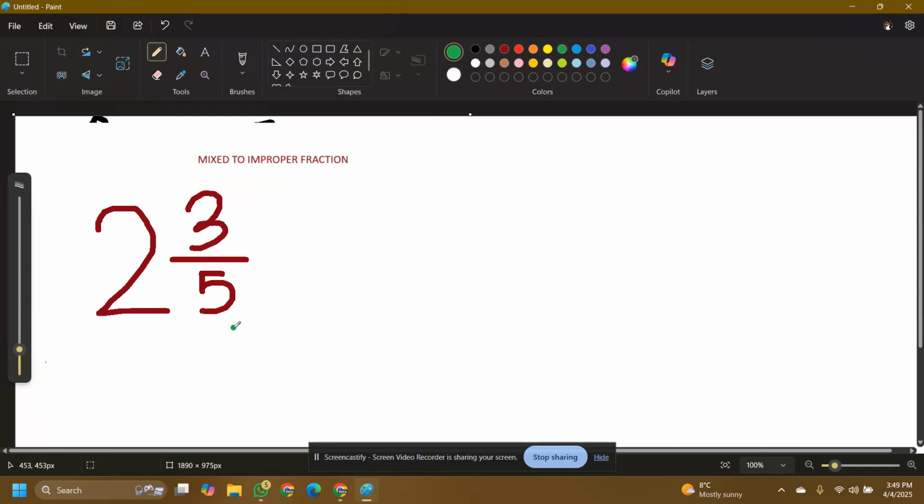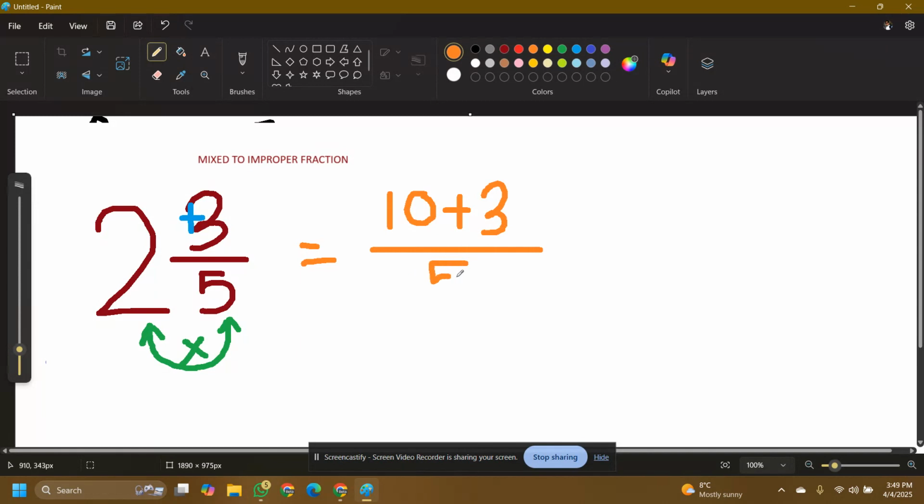The very first thing that we do is multiply these two numbers. Okay? Whatever is the answer, you add that to the numerator. So it would be 2 times 5 equals 10. And the numerator is 3. So it would be plus 3, over 5.